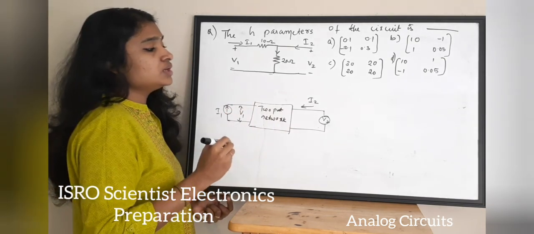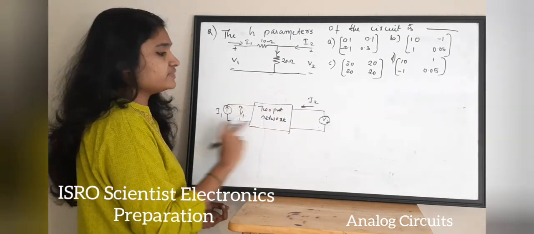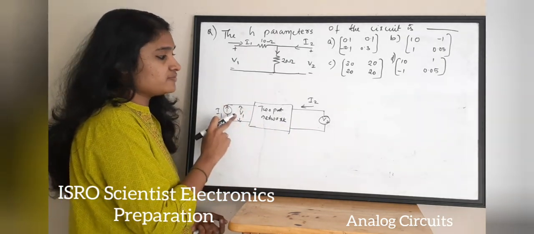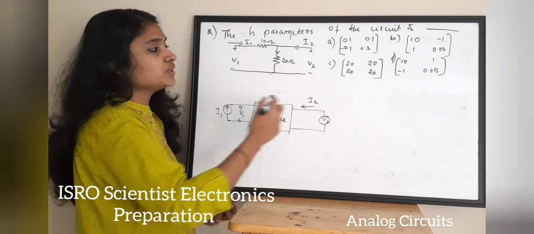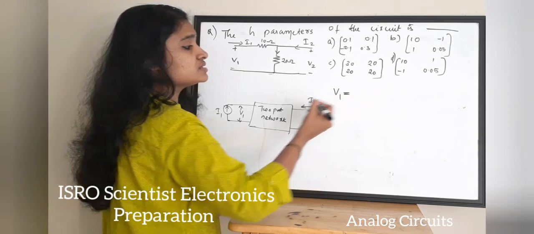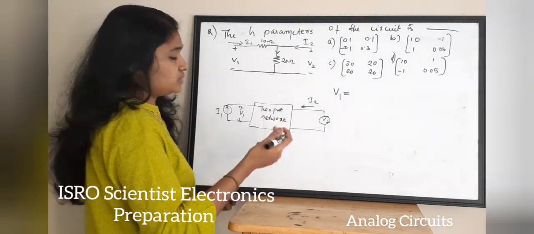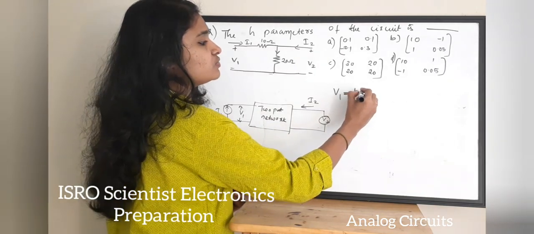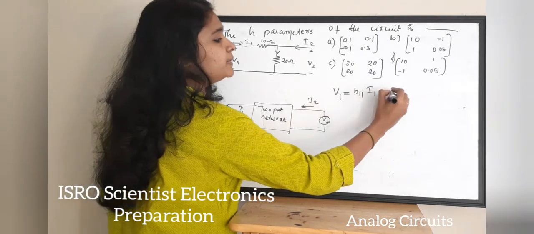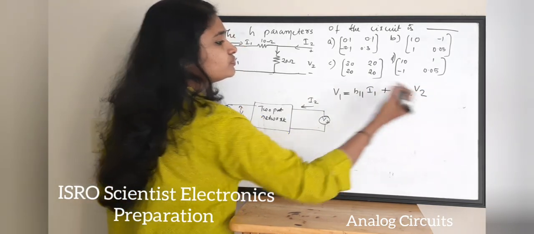Now we have excited the network using current I1 and voltage V2, and we are going to write the equations for the voltage V1 and the current I2. According to the hybrid parameters, V1 is equal to H11 I1 plus H12 V2.